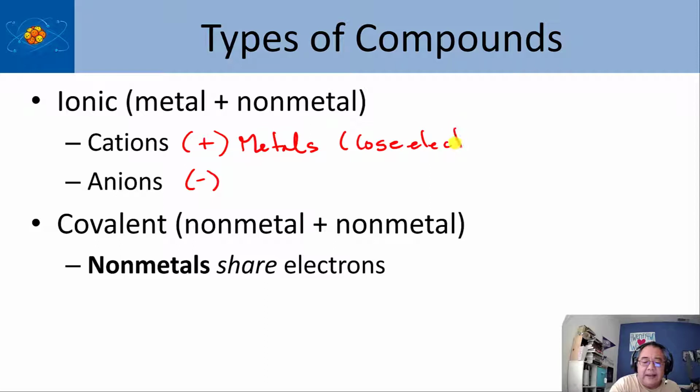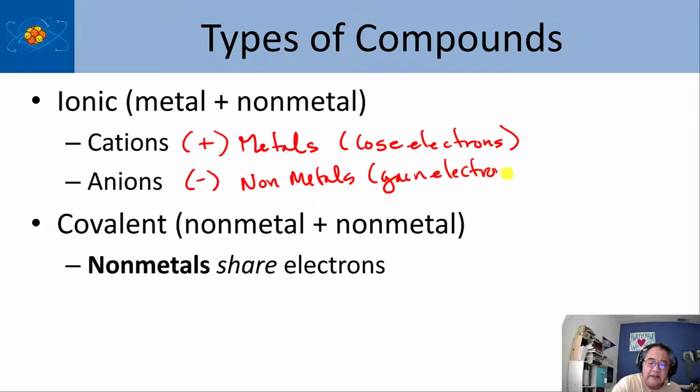And then anions are generally nonmetals, and they have a stronger affinity, is the word we use, for the electrons, and so they're able to pull the electron away from a metal. So nonmetals gain electrons. And remember, the electron has a negative charge, and so that's how you get the negative charge on the anion.